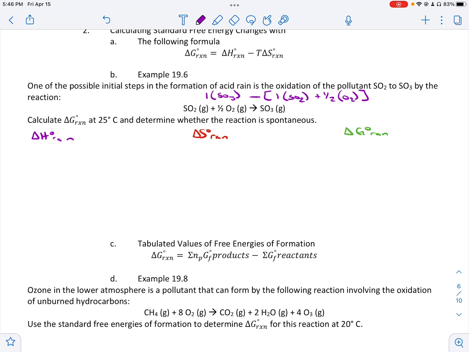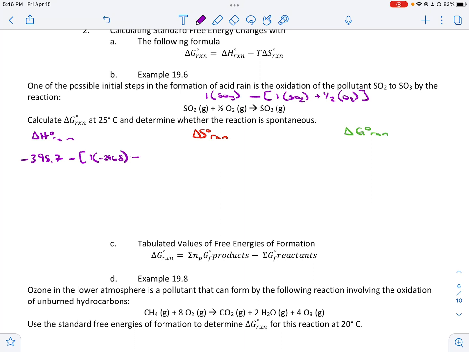So we flip to the back and we see that SO3, the delta H naught of that is negative 395.7 minus, in brackets here, 1 times whatever SO2 is, and SO2 is negative 296.8.